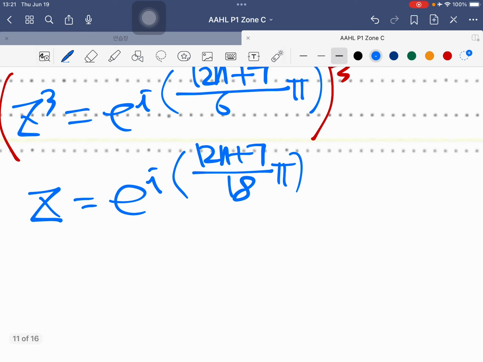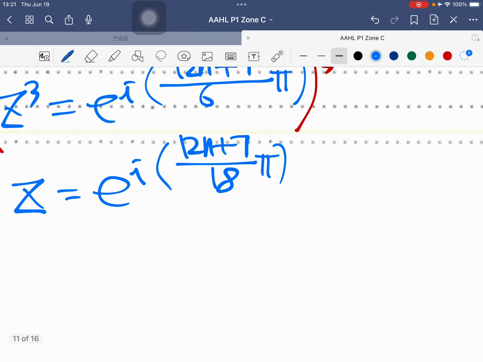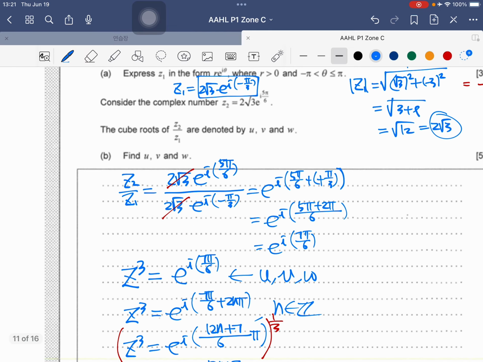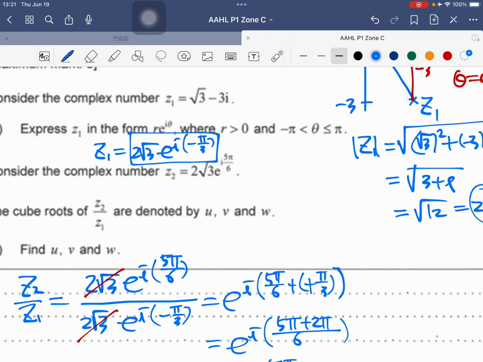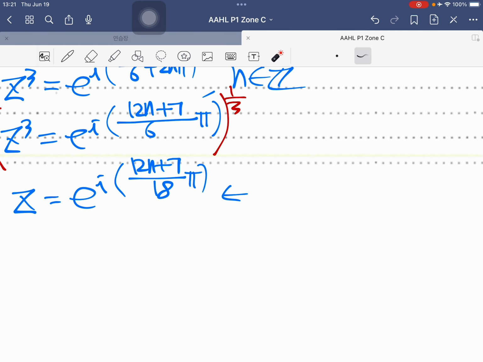Because it's a cube root and theta is from minus pi to pi, we can simply plug in n equals minus 1, 0, 1.